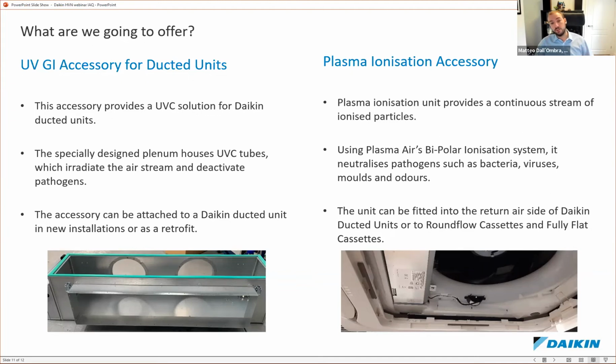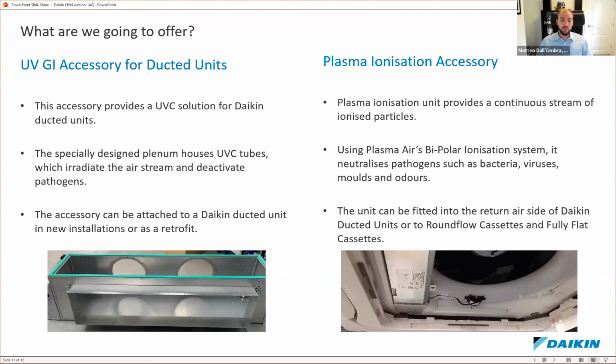As I said, the solution for ducted units is plug and play, but we can also offer it as a more bespoke solution. For example, if you want to deploy similar technology on larger centralized plants, so for AHUs, or even on van type units, so in decentralized applications, we will have a solution for those.